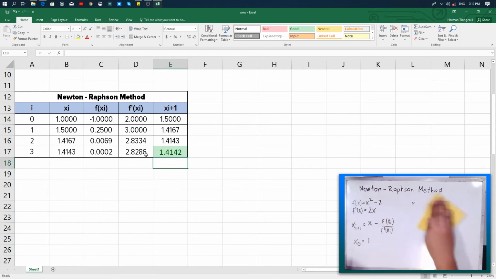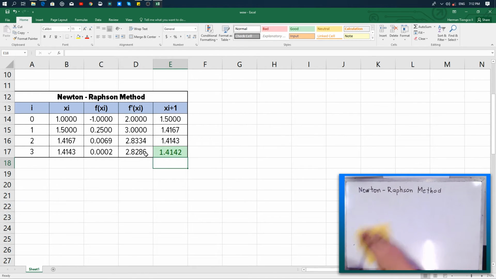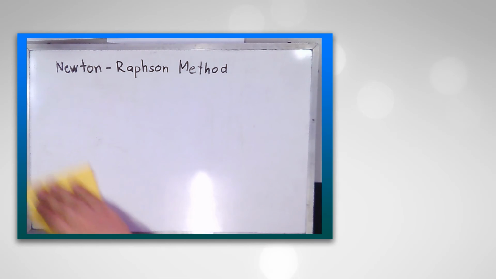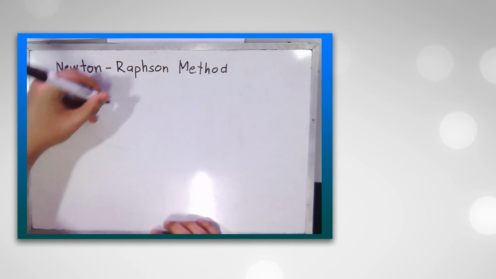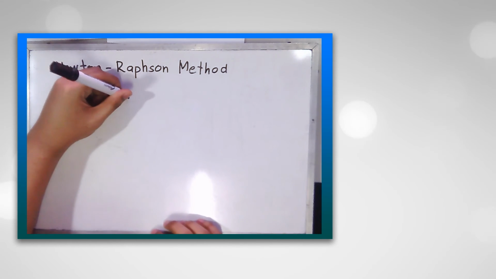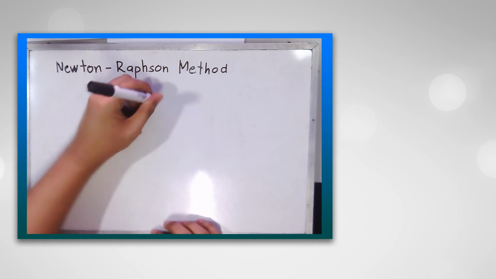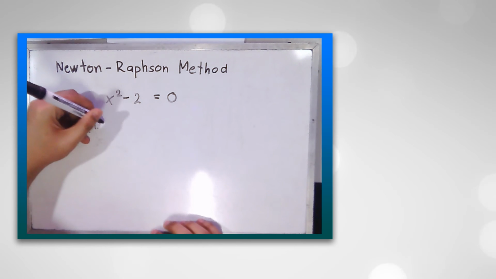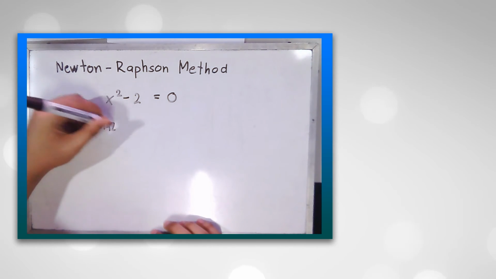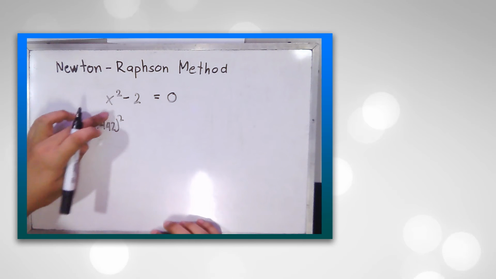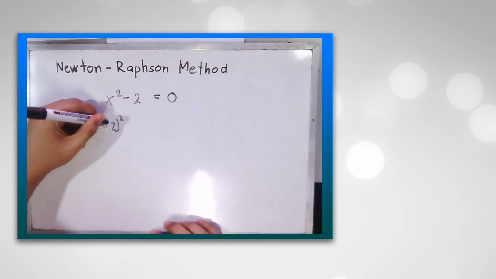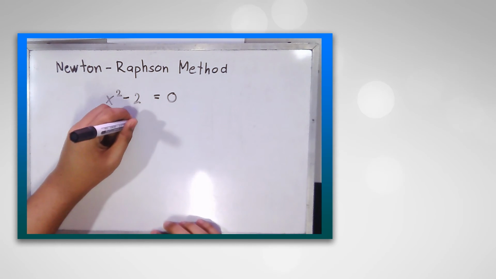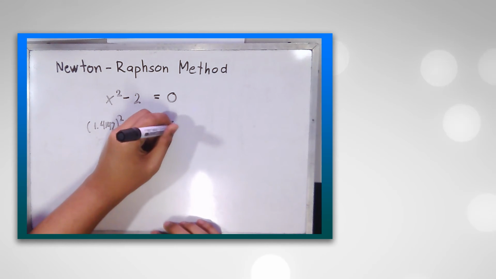Why don't we try this? So x squared minus 2 is equal to 0. 1.4142 squared minus 2 is equal to 0.